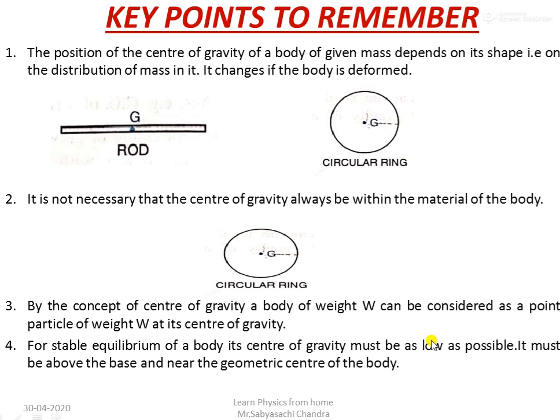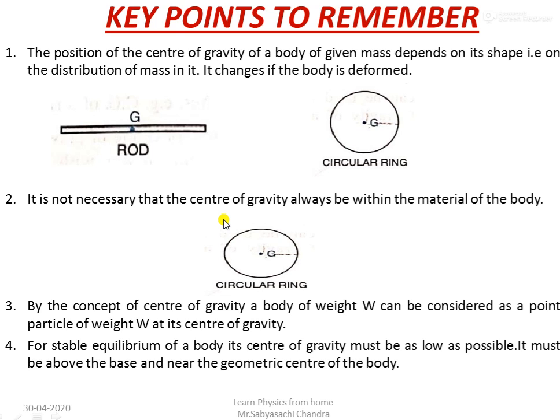Now some important points we have to remember while we read on the topic of center of gravity. There are various shapes of objects. Some are triangular, some are rectangular, some are just a ring structure.